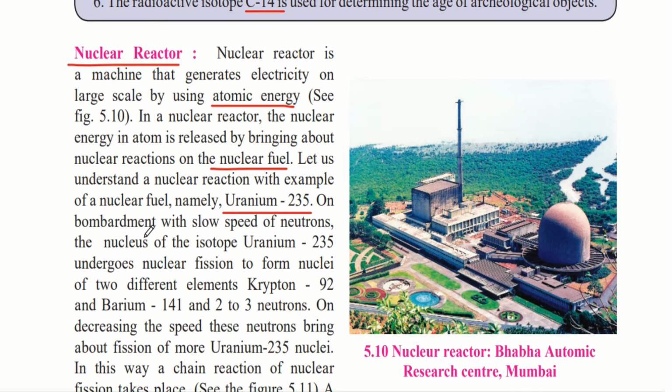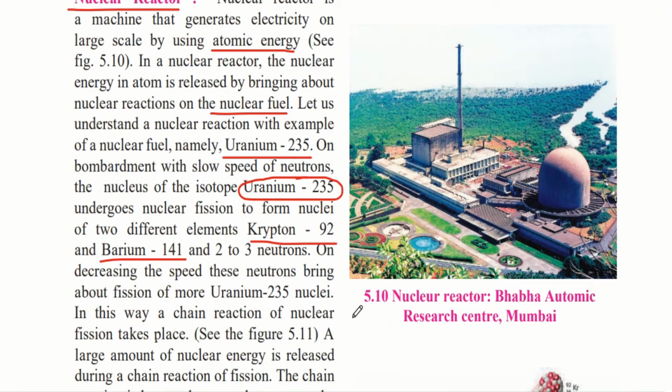On the bombardment, that is, on firing with slow speed neutrons, the nucleus of the isotope uranium-235 undergoes nuclear fission, in which the nucleus is broken down to form nuclei of two different elements, krypton-92 and barium-141, and 2 or 3 neutrons.